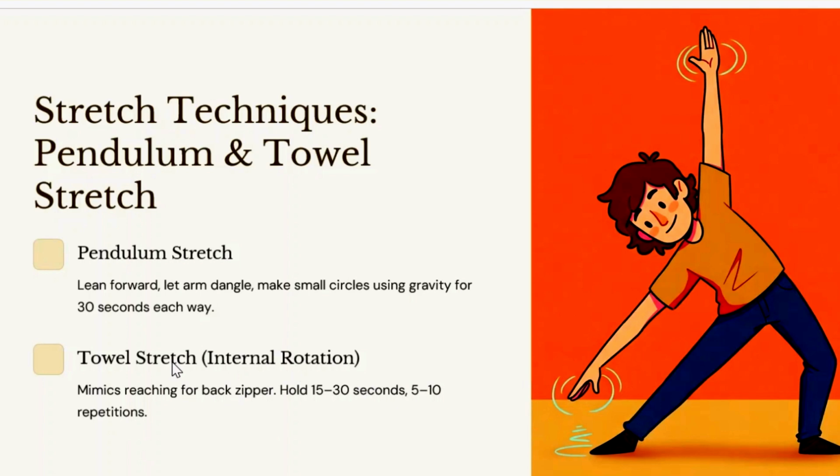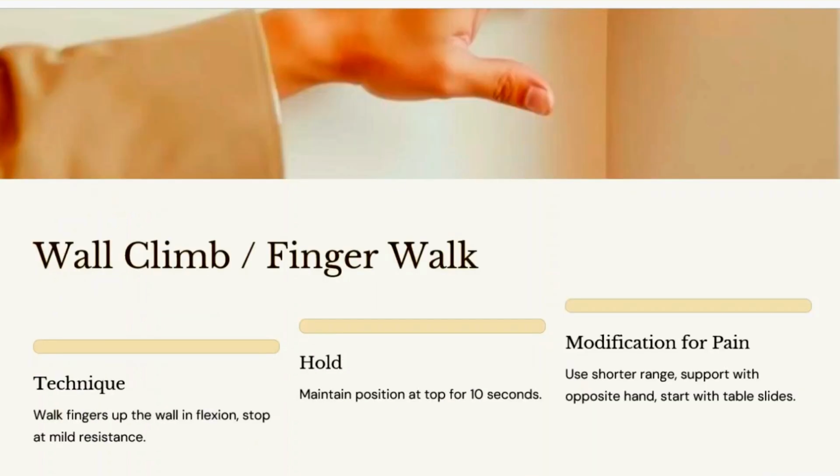Now you can hold that 15 to 30 seconds or 5 to 10 repetitions. I'm going to give you the view of these pictures later on, but these were the major stretches that we are going to discuss in this lecture.